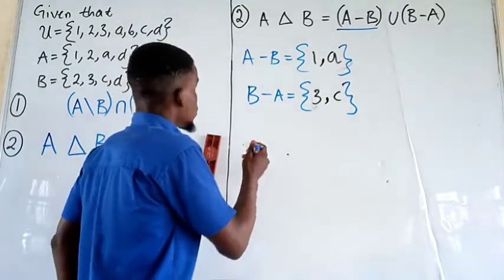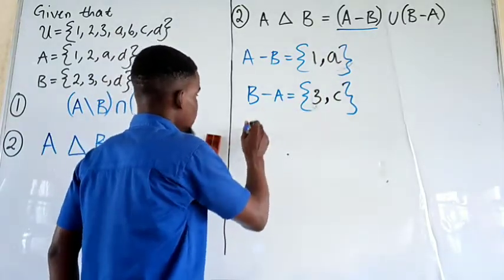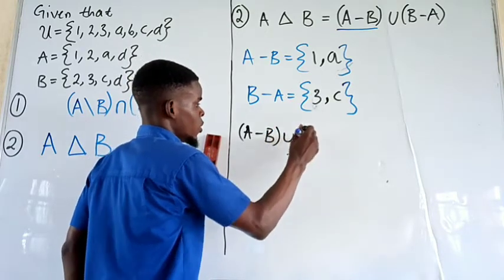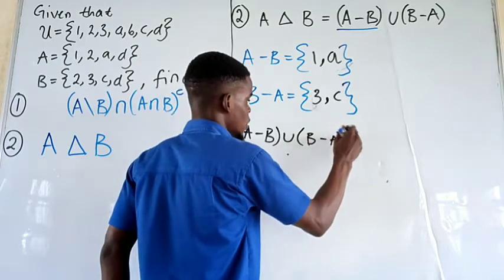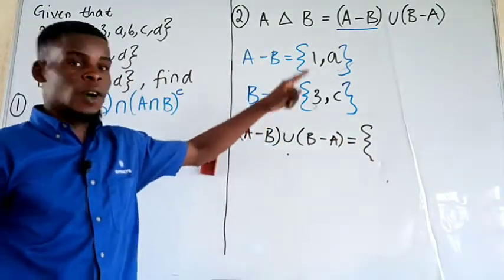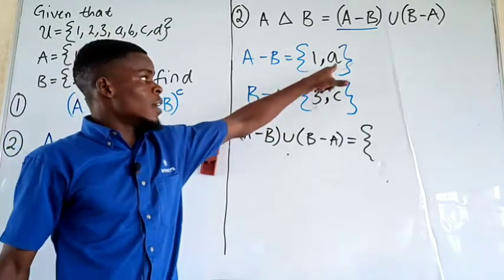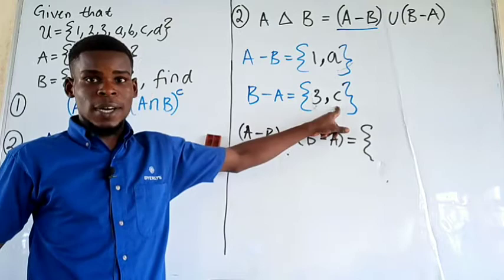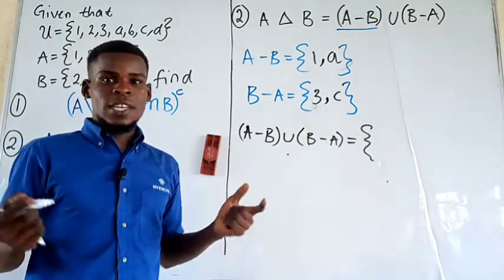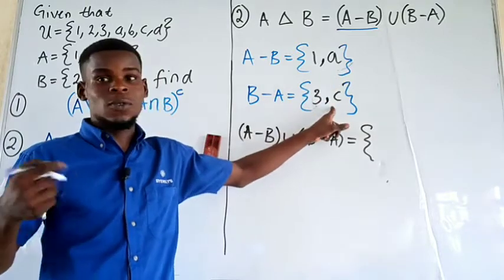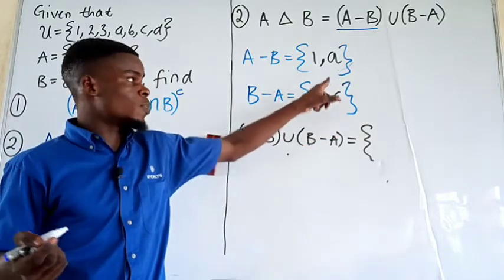So we now have that A minus B union B minus A will now be the union of the respective components. So we will just take the elements that are in this first set, and then we unite it with this one. And we can take away any repetition of elements. That is, when we have 2 in here, and we also have 2 here, for example, then we will just pick one of them.